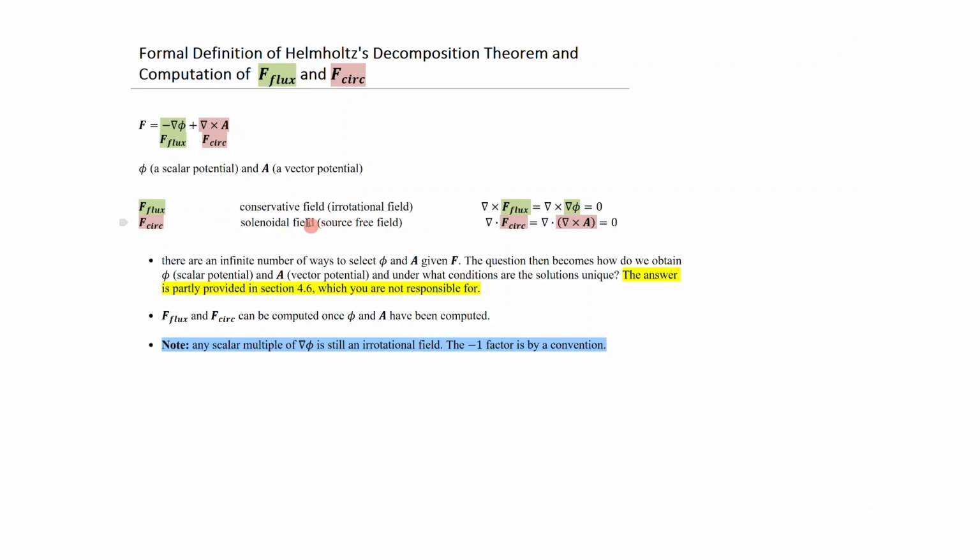This is purely rotation. Now, we perform a little bit of a trick here. What we do is we take this general expression, which involves the superposition of two fields, and we take the curl of this field and the divergence of the field.